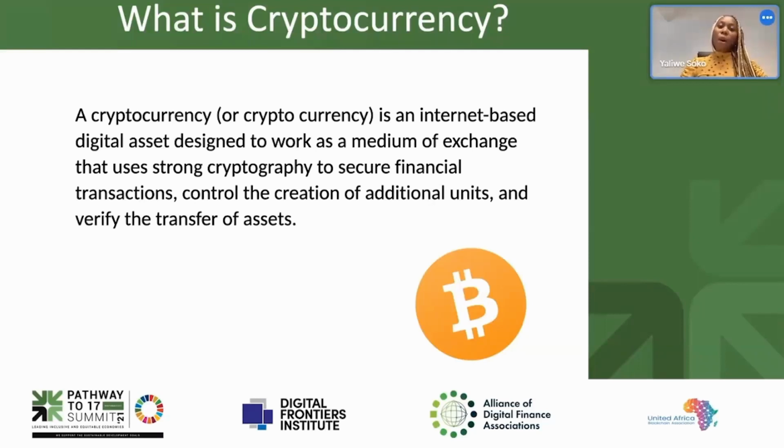Even if I am part of this network, I'm just able to see the transactions and some form of hexadecimal codes. There is that cryptographic aspect that the information is only between the two parties that are transacting, so even if a third party were to see it, most of that information will appear meaningless to them. That's what secures transactions and also protects the identity of the people that are transacting.